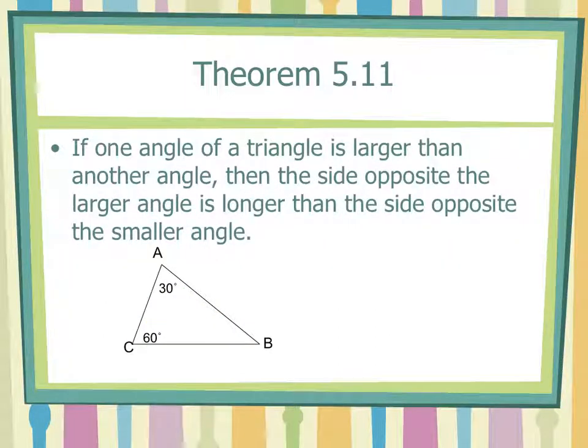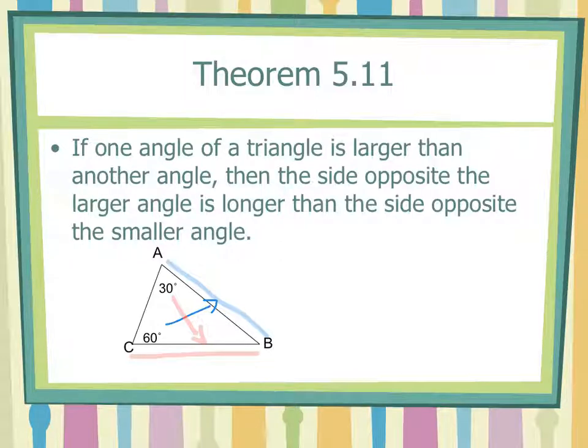Another theorem. If one angle of a triangle is larger than another angle, then the side opposite the larger angle is longer than the side opposite the smaller angle. So now this time they give us the angle measures to figure out which one's bigger. So here, notice that 60 is across from side AB, and the 30 is opposite side BC.